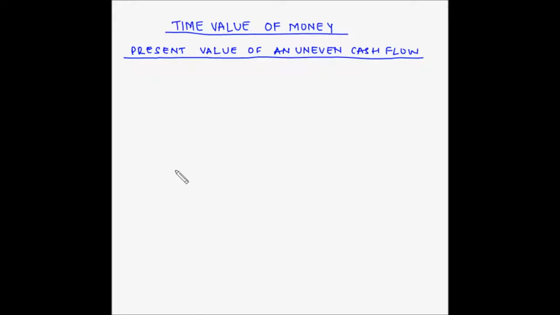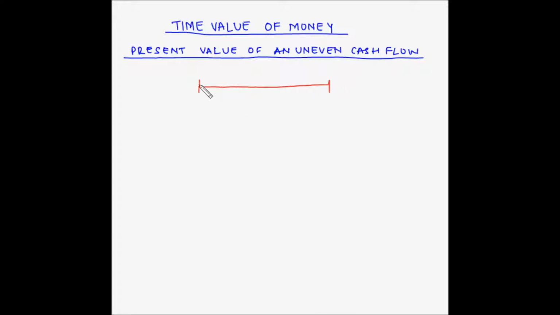As we had seen in an annuity, the cash flow is in the form of a series of equal payments or receipts. For example, in case of an annuity, the cash flow may look something like this.